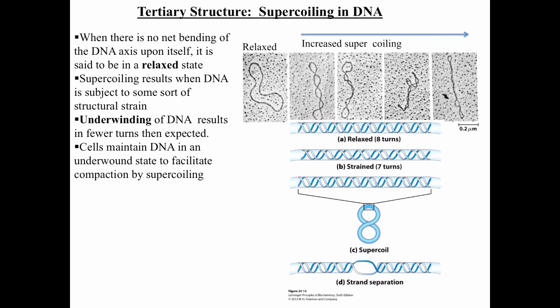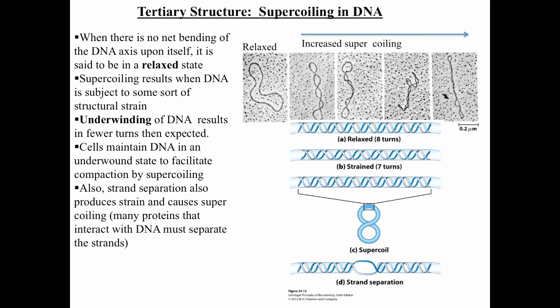And so the cell actually maintains DNA in this underwound state that facilitates compaction and supercoiling, as well as the act of separating the 2 DNA strands, pulling the 2 pieces apart from each other, which causes strain and supercoiling. And strand separation occurs a lot because it's associated with different DNA processes.